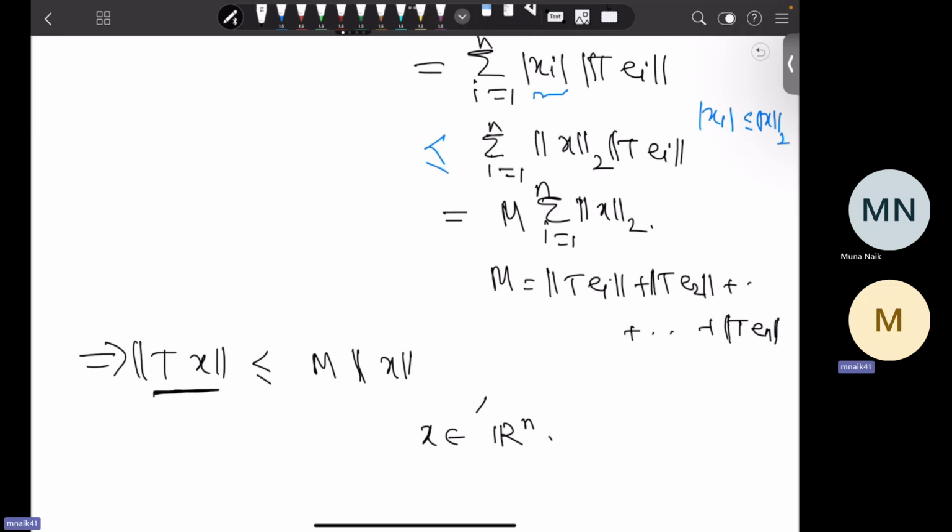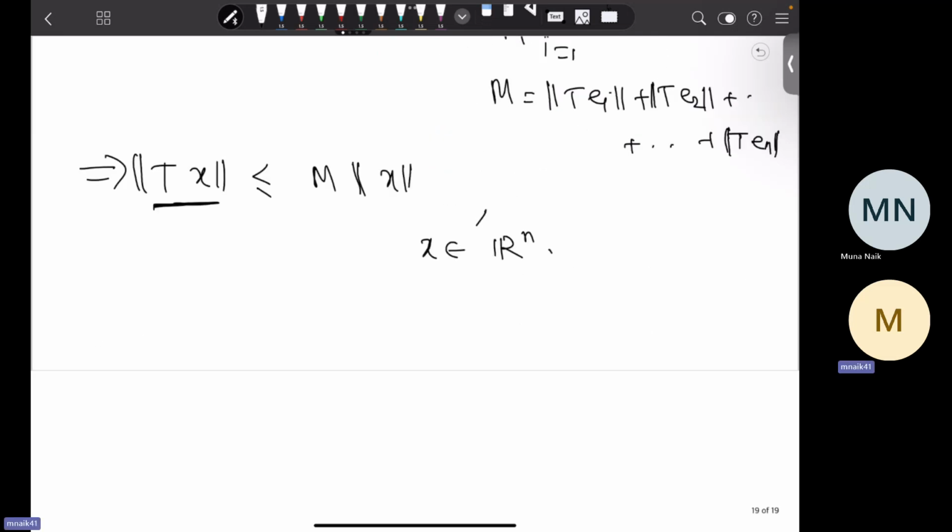So I should not write 2 here. Call this A: the norm of Tx is less than or equal to m into norm of x.